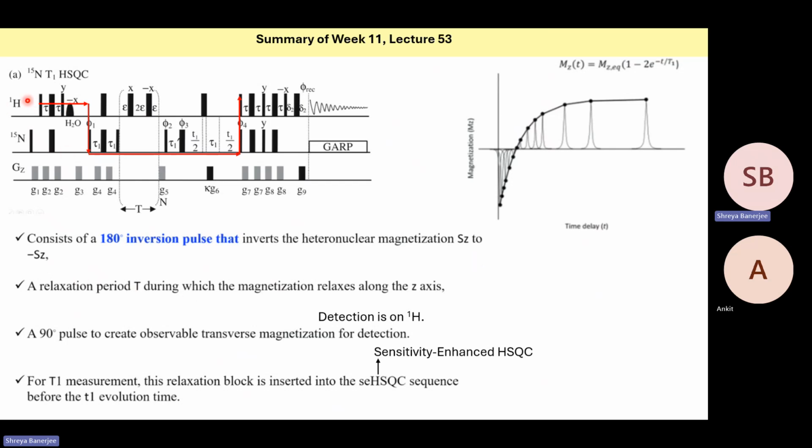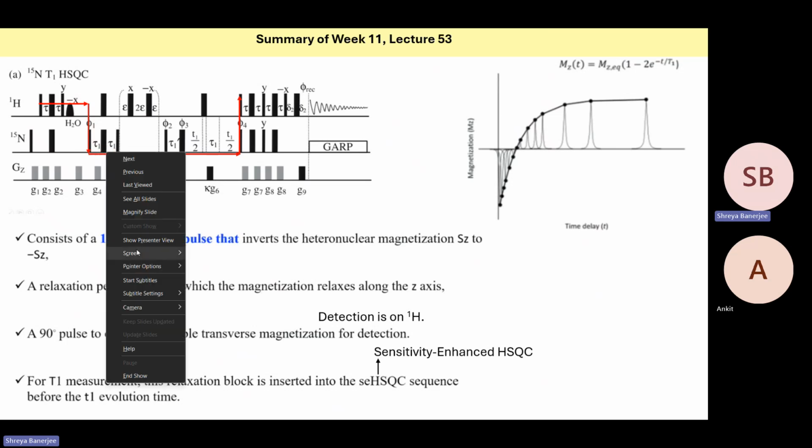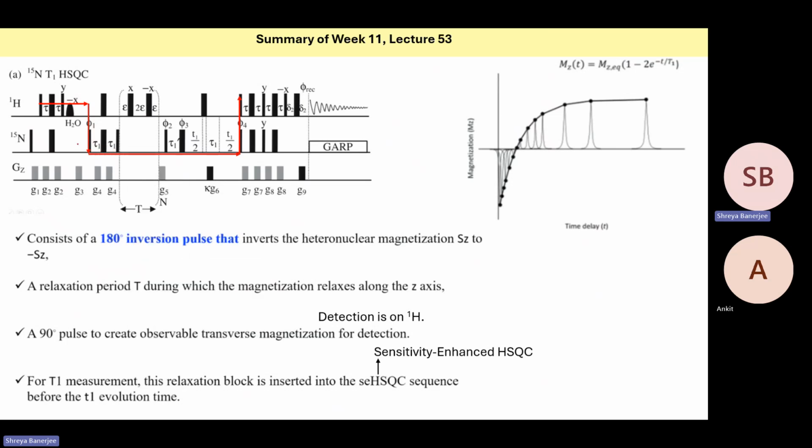So initially in the 1H sequence, you have an INEPT pulse sequence which transfers the magnetization to 15N. Now in 15N, if you can see this sequence, one pulse, tau 1, another pulse, tau. This is an inversion sequence. So at the beginning of this sequence, you have Sz in the up direction. At the end of the sequence, it is inverted. It is in the down direction.